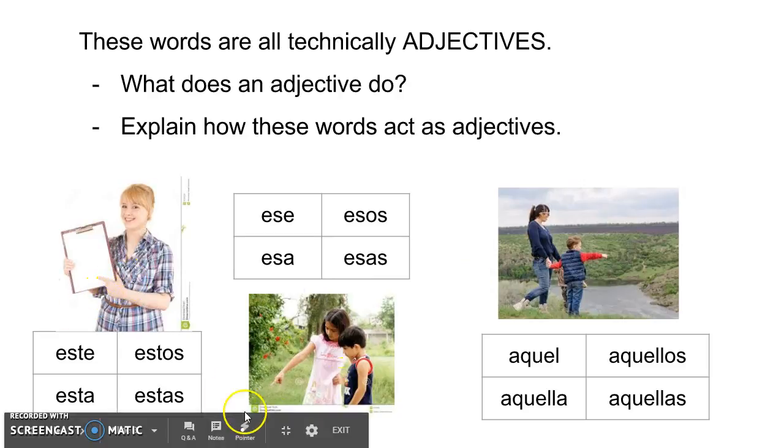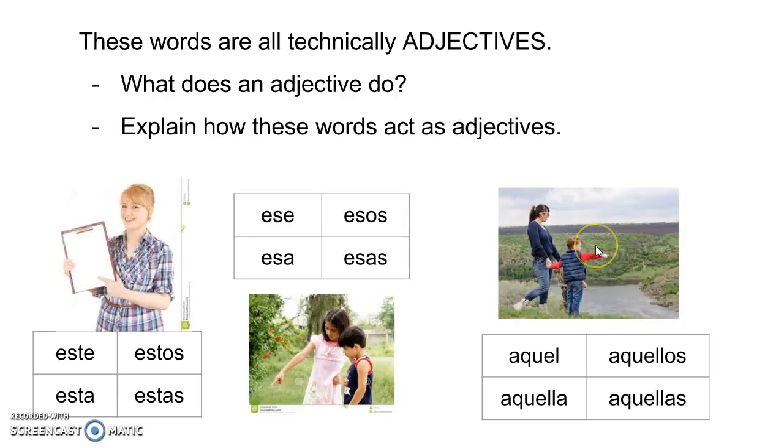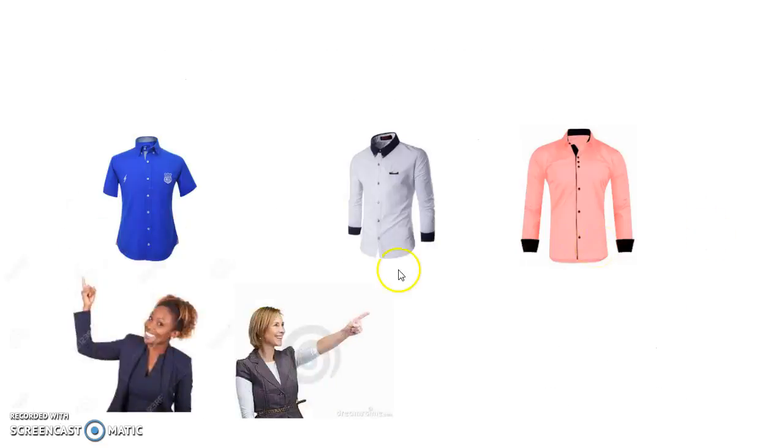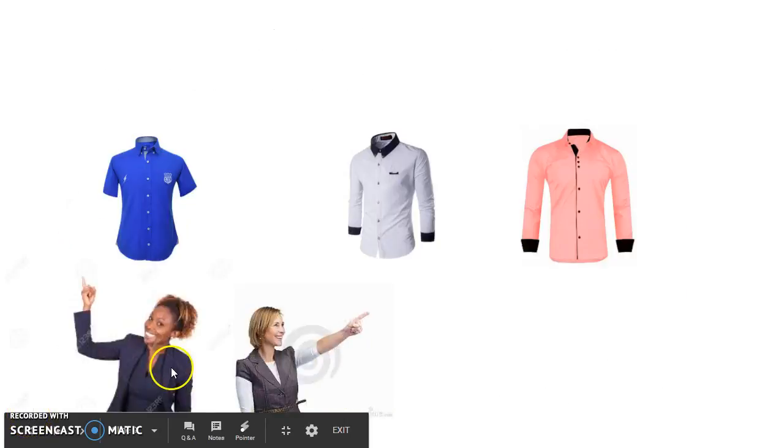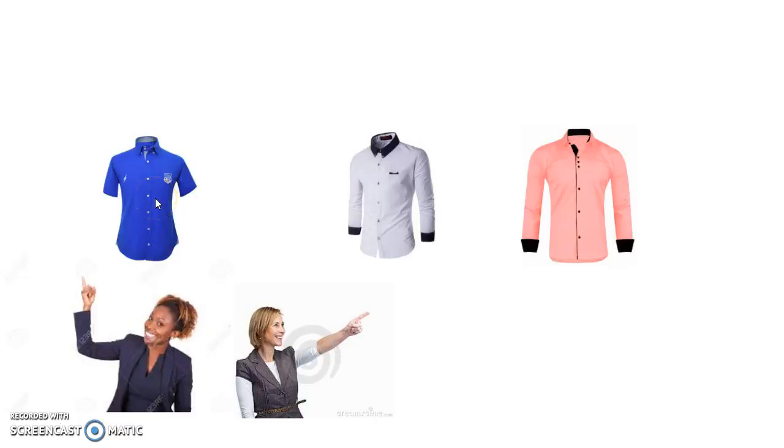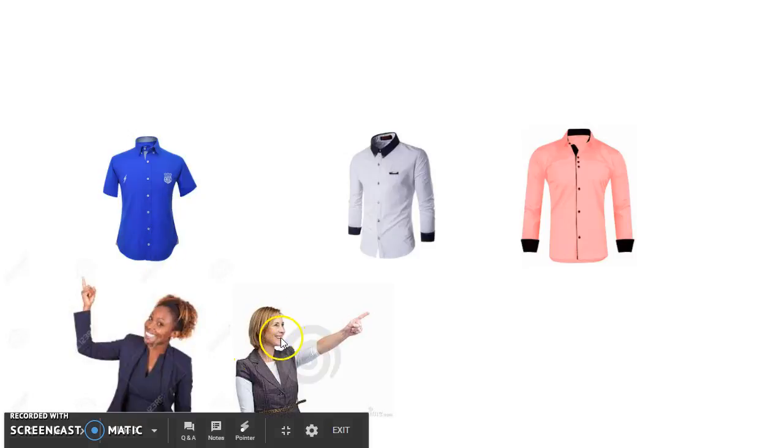Este, ese, aquel, más lejos. So what question might this woman be asking her friend? All right, and what might she be replying if she's pointing way over here?